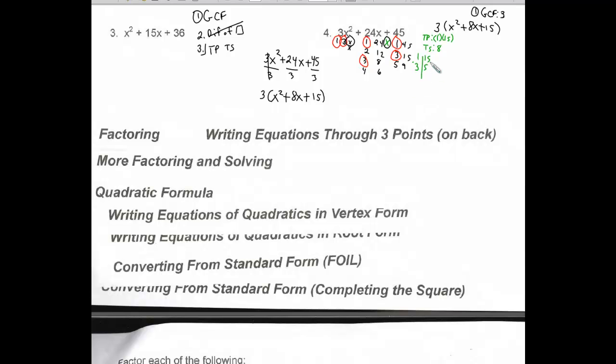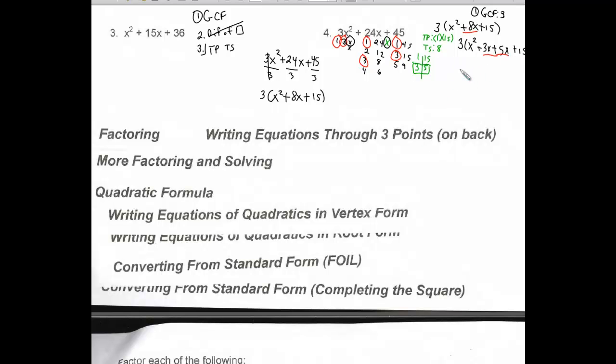Those are going to be 3 and 5. So I need to rewrite my problem, but this time, instead of 8x, I will replace 8x with 3x plus 5x. I haven't changed the problem. All I've done was rewrite 8x to be 3x plus 5x.